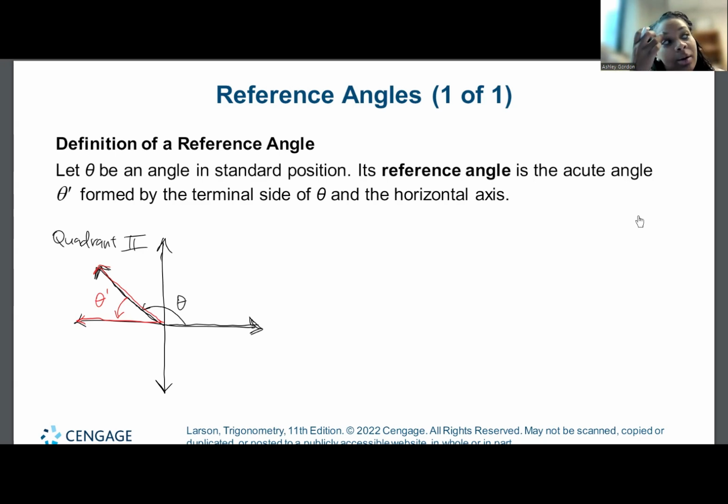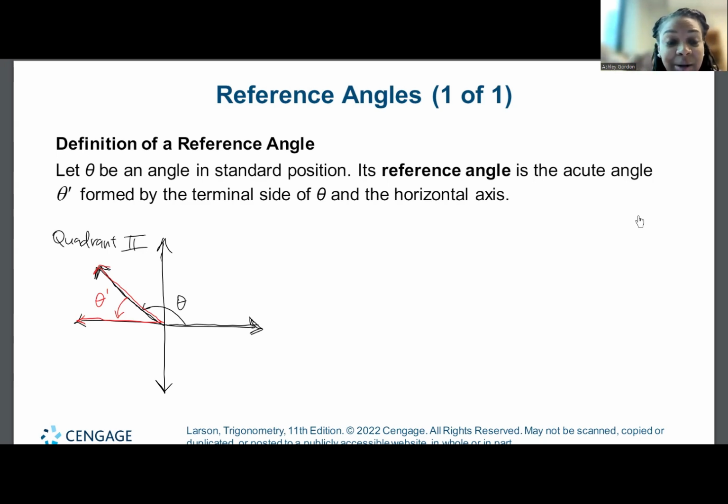If you want a step-by-step method of how to calculate the reference angle, if you're in quadrant 2, you are going to subtract your given angle from 180 or pi. They call the reference angle theta with the apostrophe up there.